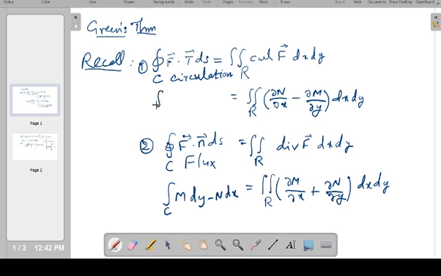Circulation is the integral over C of M dx plus N dy. So let us use the second form of Green's theorem. So what will you get? The integral of M dy minus N dx is equal to the double integral over R of dou M by dou x plus dou N by dou y dx dy.